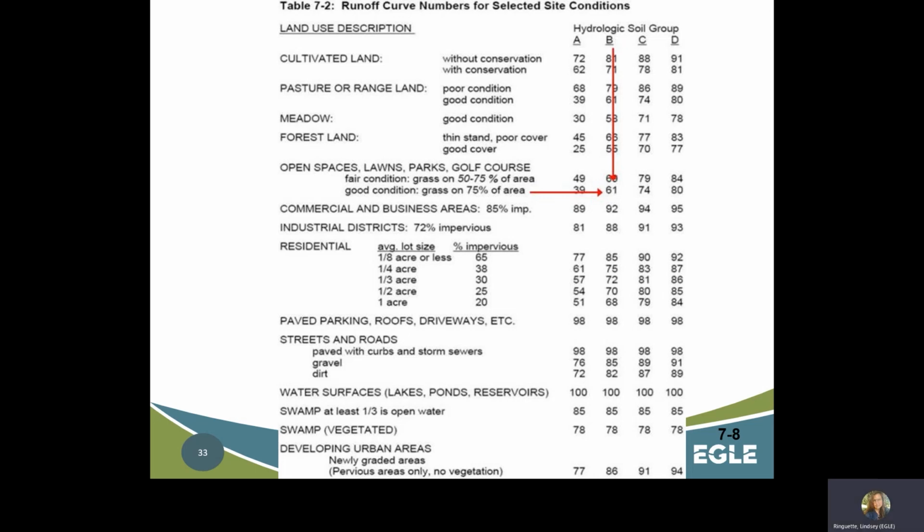In this scenario, we would choose this category and in good condition, given dense grass as the descriptor. We already know that the soil group is B, so following that over as shown in the red lines on the slide, we see the runoff curve number value as 61.